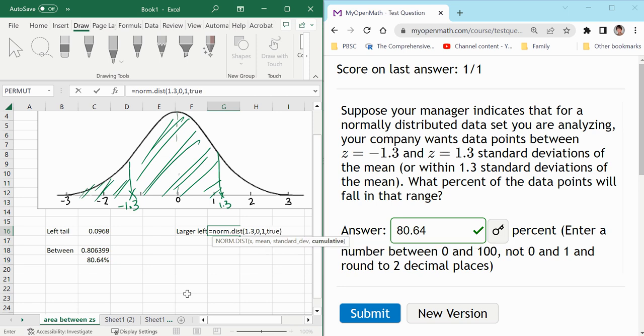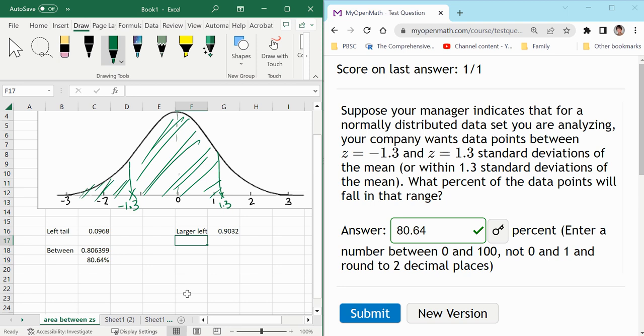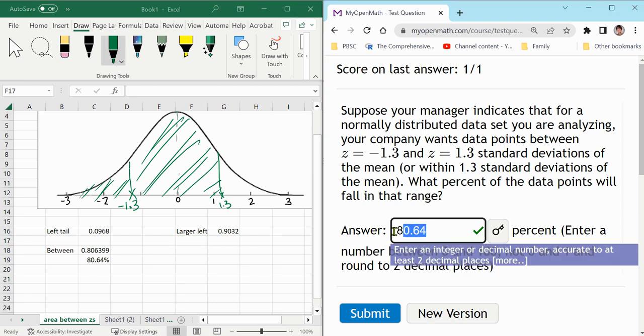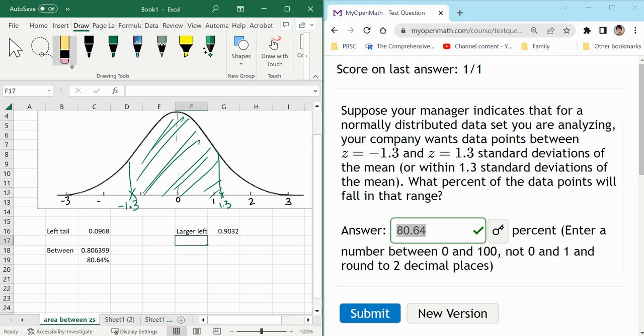True for cumulative. And now you can see that answer is larger than this right here because it's too much, right? What we want to do is get rid of the region over here. So we're going to have to subtract whatever that part is, that we have already as part of our answer so far.